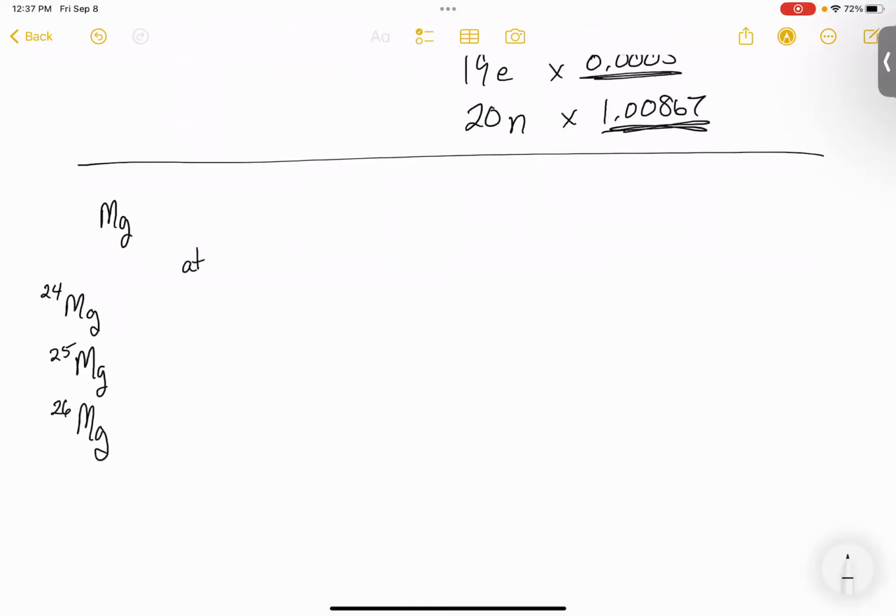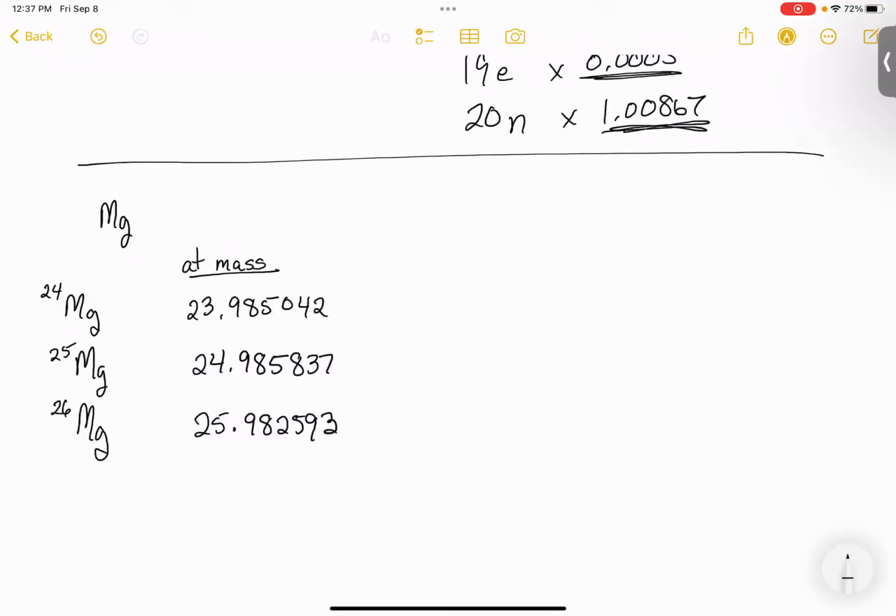The atomic masses for those are 23.985042, 24.985837, and 25.982593.